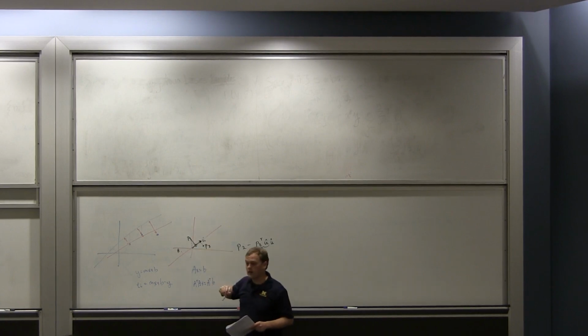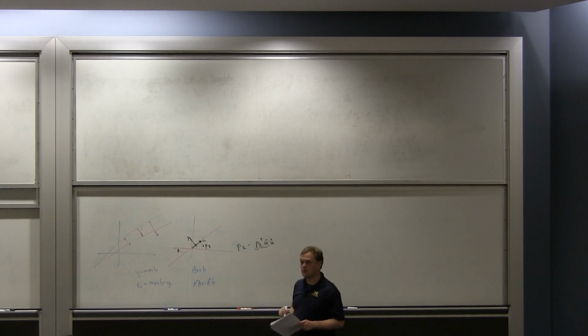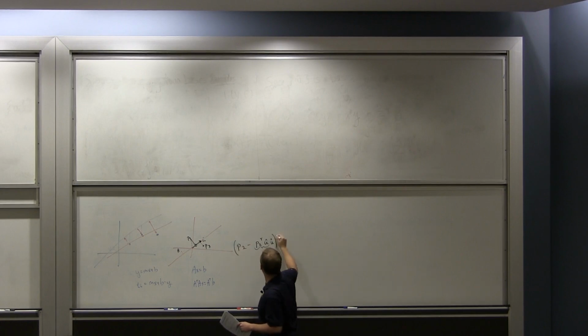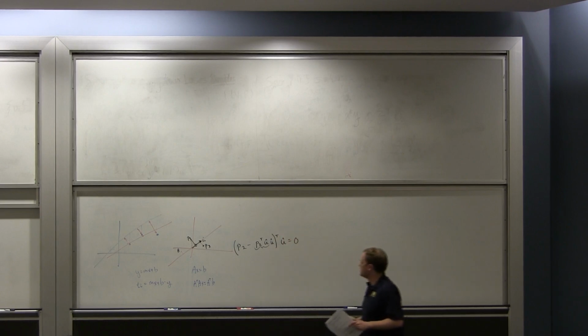This is our error vector, is perpendicular to u. Everybody on board? All right, so how do I express that? Here's my vector, and I want this to be perpendicular to u. Right. What do you guys think?